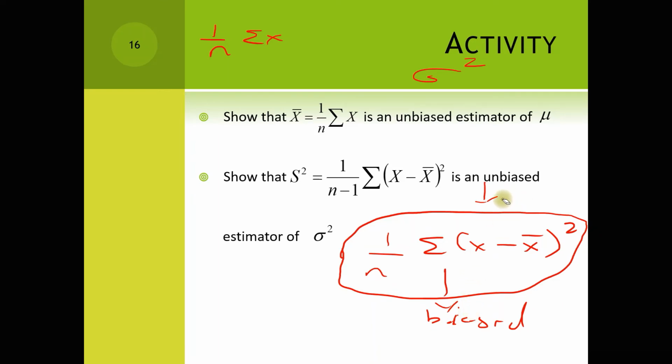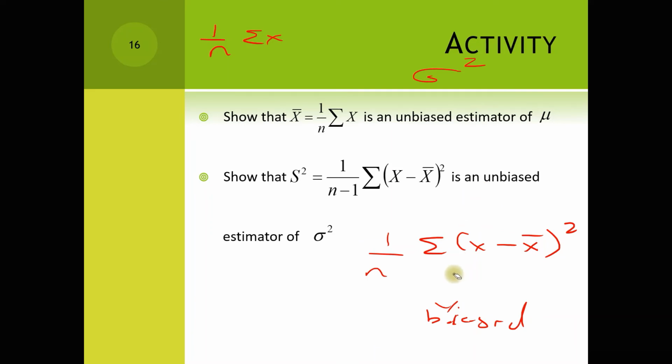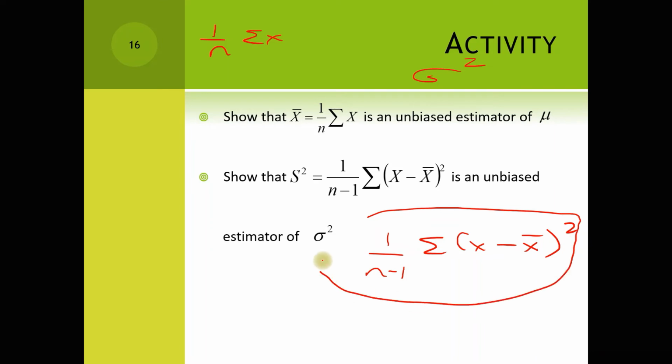Therefore, instead of using this formula 1 upon n, normally what we do is use another version of that formula. We use a version where you divide by n minus 1. Why do you use this version of division by n minus 1? Because this version becomes an unbiased estimator of sigma squared.